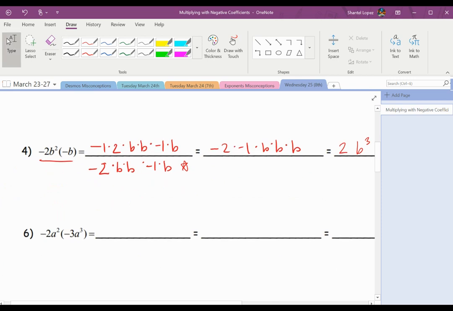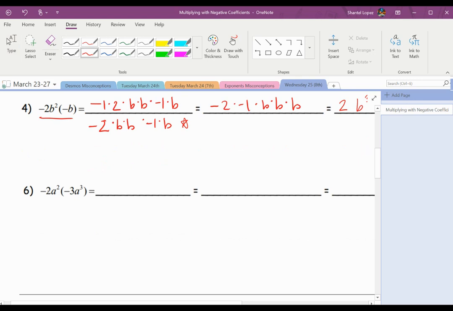All right, let's go ahead and continue. So remember, there are 2 different ways of expanding it. I'm just going to show you one. So negative 1 times 2 times a times a times, this one's kind of tricky. Look at this power of 3. What is it attached to? Is it attached to everything in here?